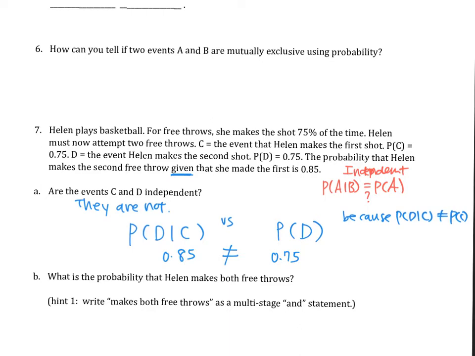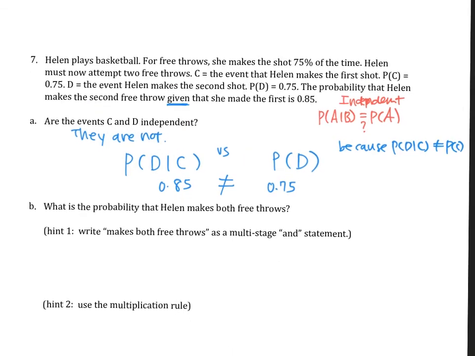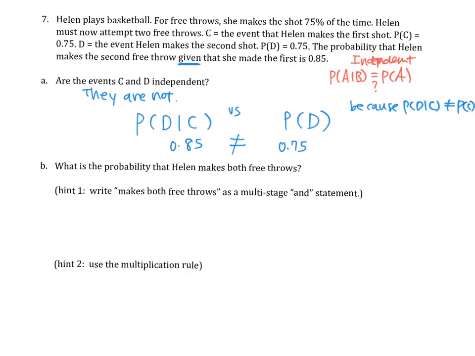Let's look at the next question. What is the probability that she makes both free throws? Well, the hint is that making both free throws is a multi-stage "and" statement. So she makes both shots. That means she makes the first one and, emphasize and, she makes the second one.